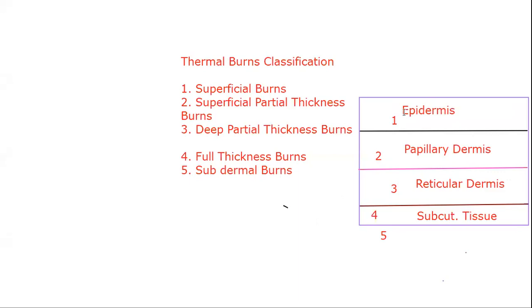So 1 is your superficial burns. 2 is your superficial partial thickness burns. 3 is your deep partial thickness burn. 4 is your full thickness burns, and 5 is your subdermal burns. Clear?